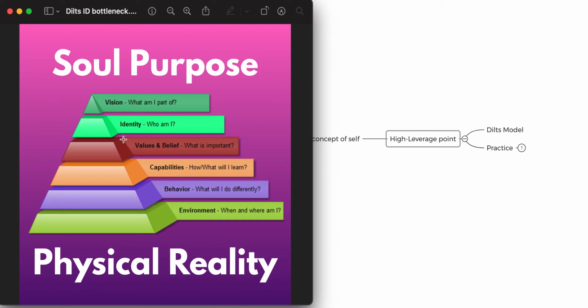So imagine this is you, like a person, flowing and swimming through the physical reality. So you have physical reality in the bottom, and you get to choose which is the environment you want to be in. Should I go to New York? Should I be in London? Or maybe I should travel to Tokyo. You get to choose where you are.